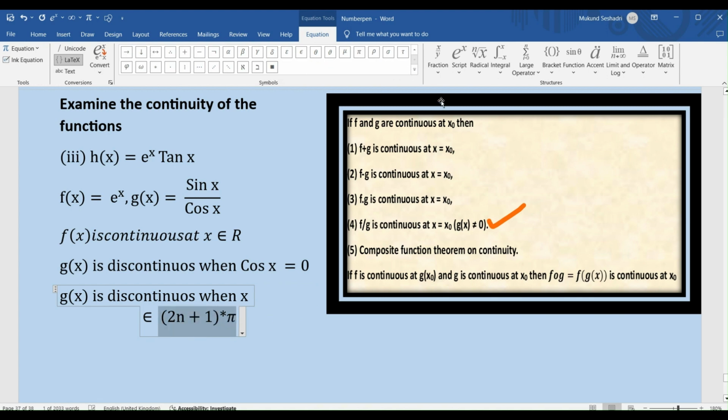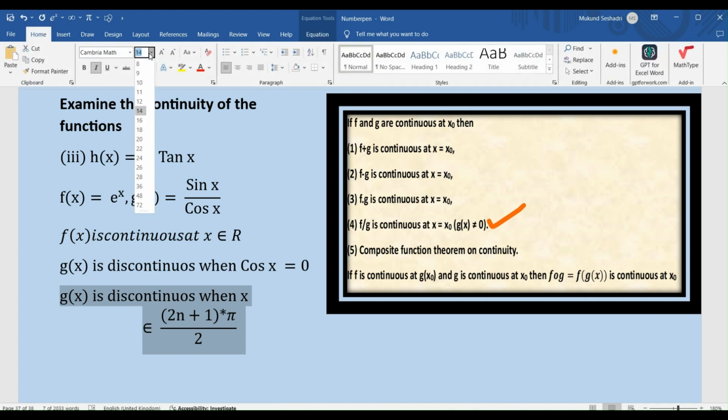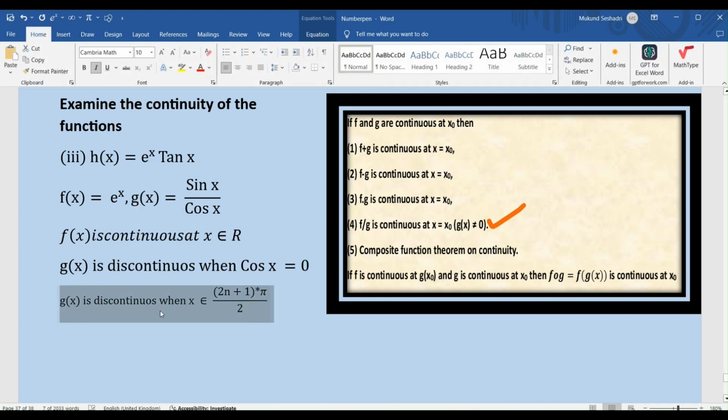then I know that my cos of x takes a value 0. So you'll have to remember one thing, folks. Cos of x by itself is a continuous function.